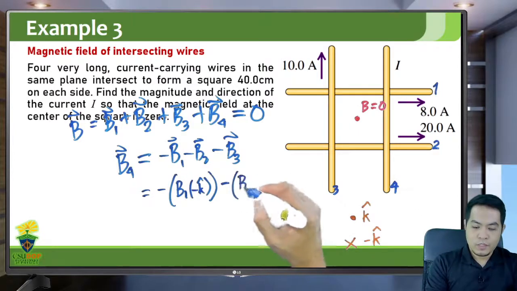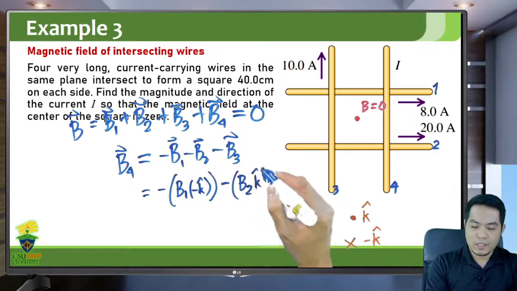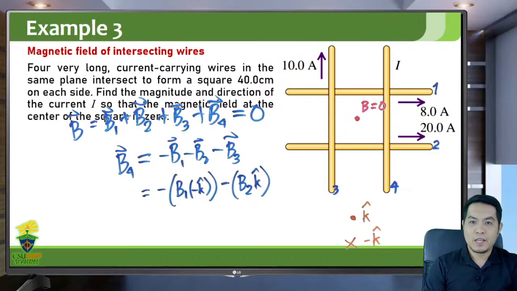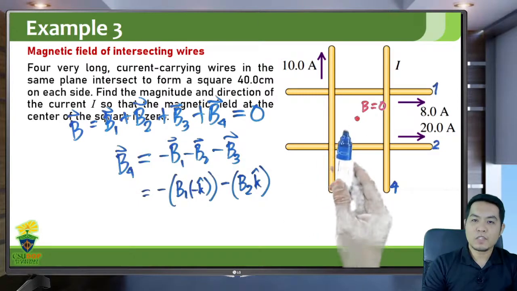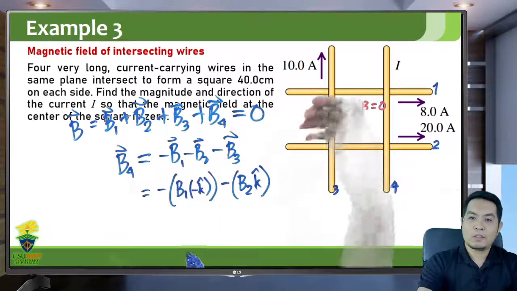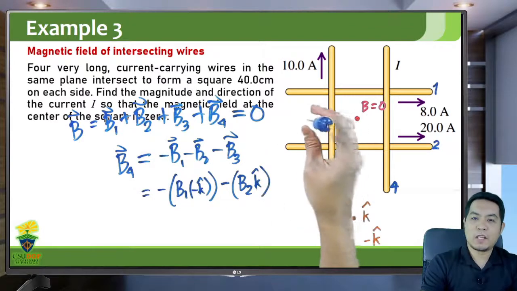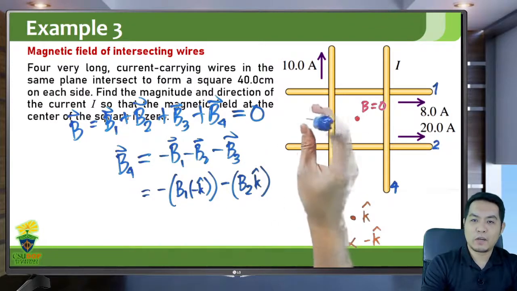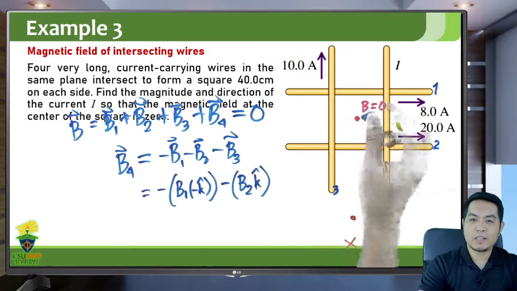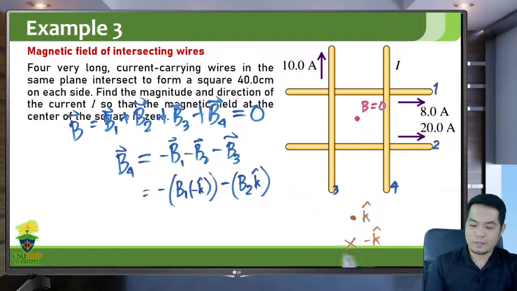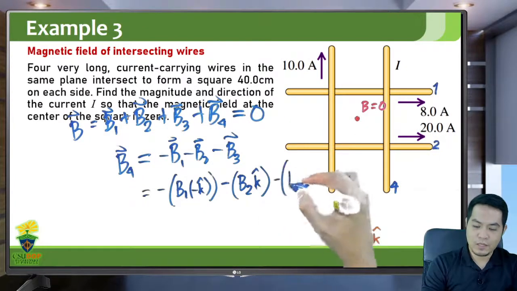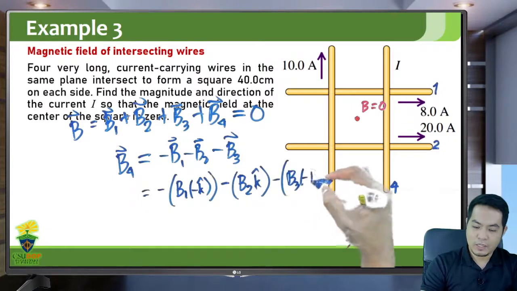So B2 is positive k hat, out of the page. And then for B3, going up, this side here of wire number 3 is out of the page, and the opposite side is into the page, so negative k hat. We have minus B3, that is B3 in the negative k hat direction.